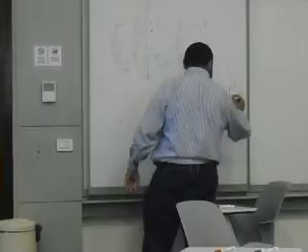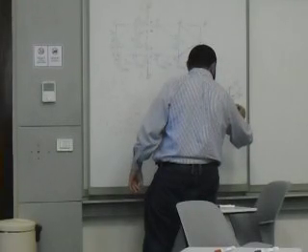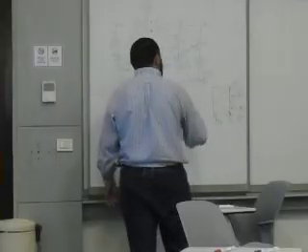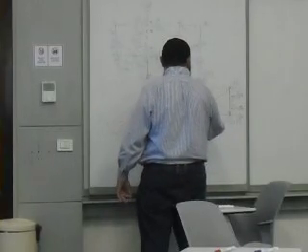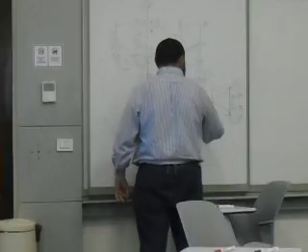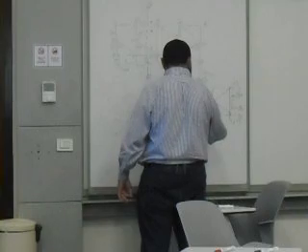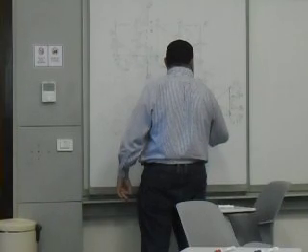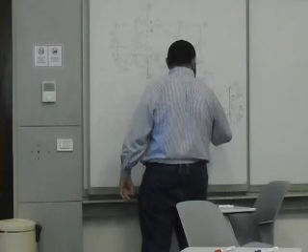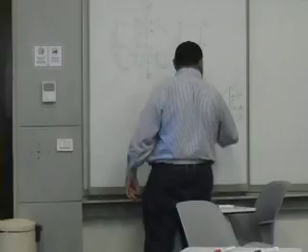Again, these angles are all 45s. So simply speaking, if I say sigma Fx equals 0, it's equal to plus 15 minus 15 plus FEH sine 45 plus FEG sine 45.